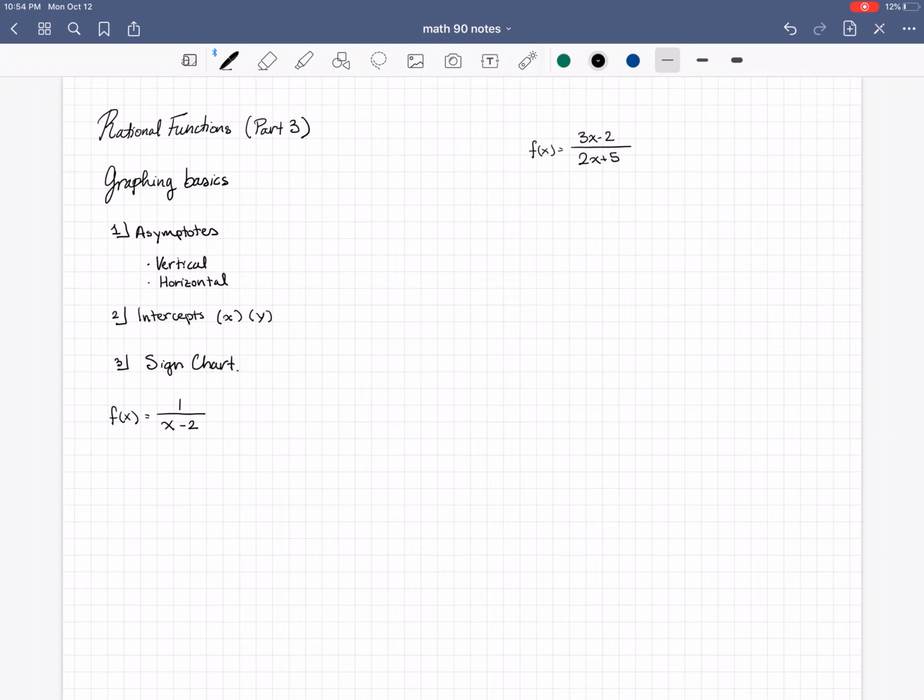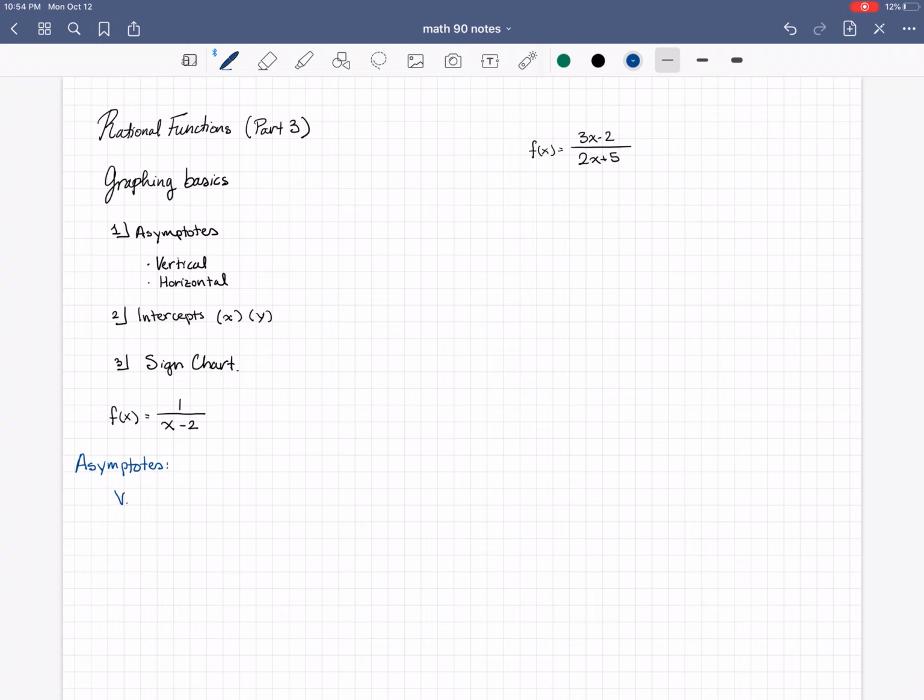Now, the good news is for this lesson, I picked the two functions that we've been looking at over the course of the last few lessons. So we already have a lot of the information. So for our first example here, we already know that the function f of x equals 1 over x minus 2.